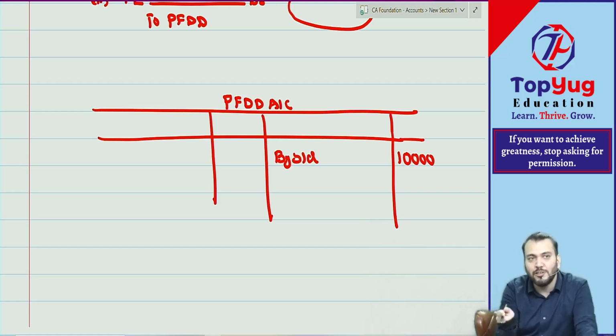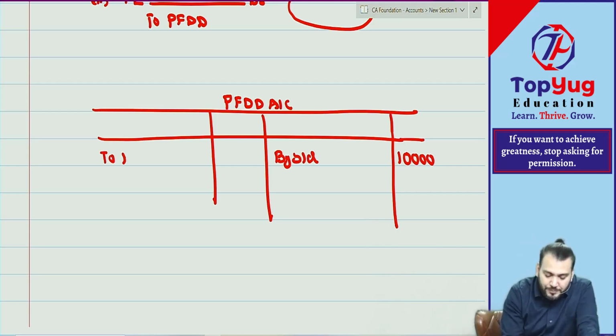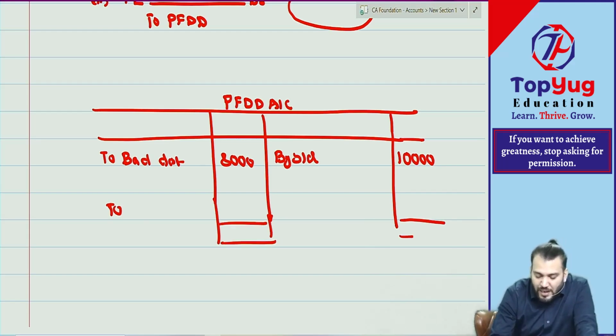That 8,000 is closed by transfer to the provision account. Provision for doubtful debt account debit, to bad debt 8,000.